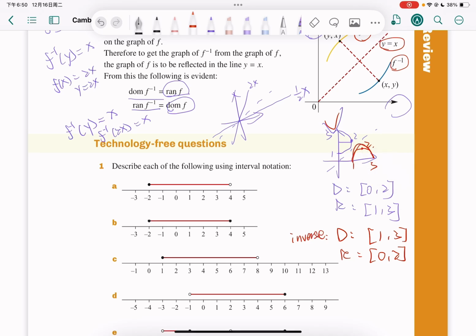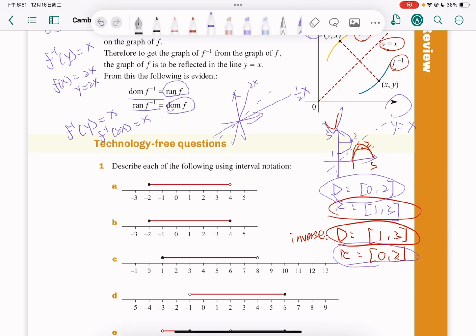Okay, so the inverse domain becomes the range of the normal function. And the range of the inverse function is the domain of the normal function. So all this swap of domain and range of the normal and inverse function is because we flip them along the diagonal line y equal to x.